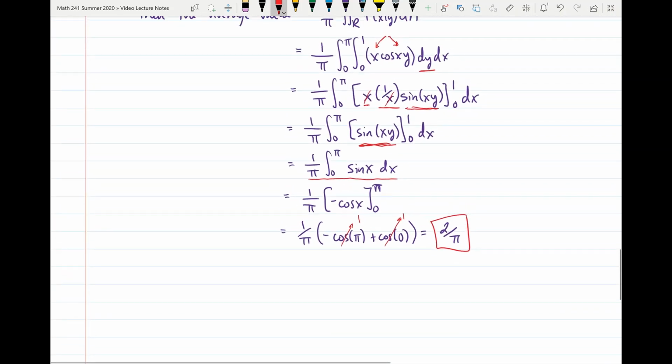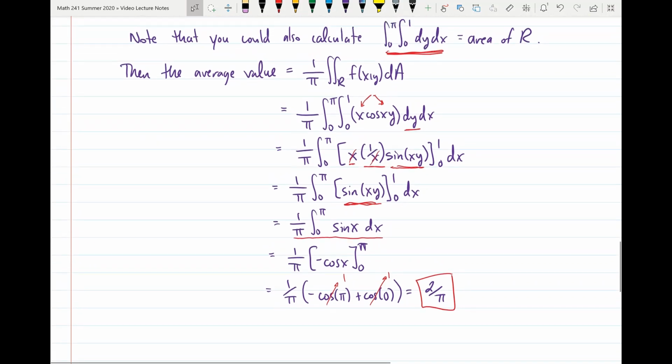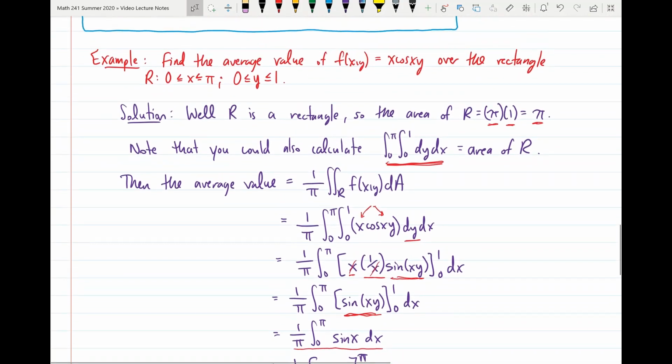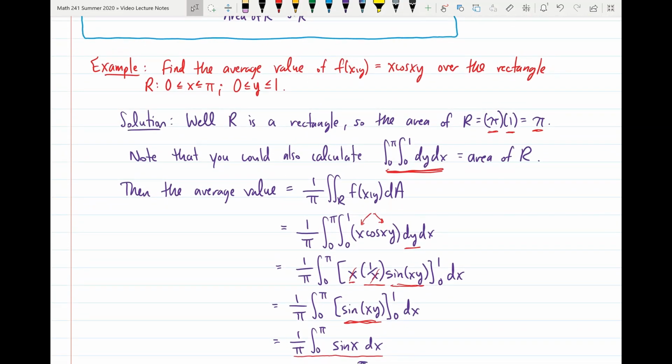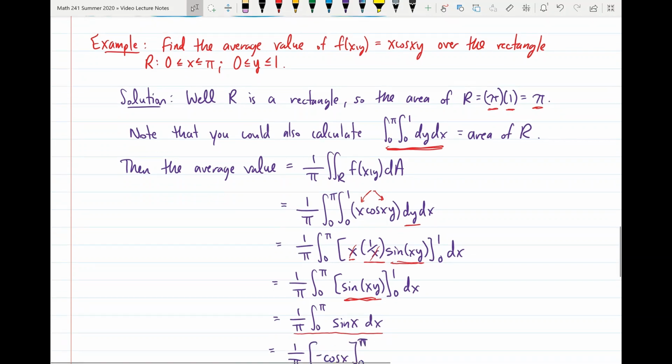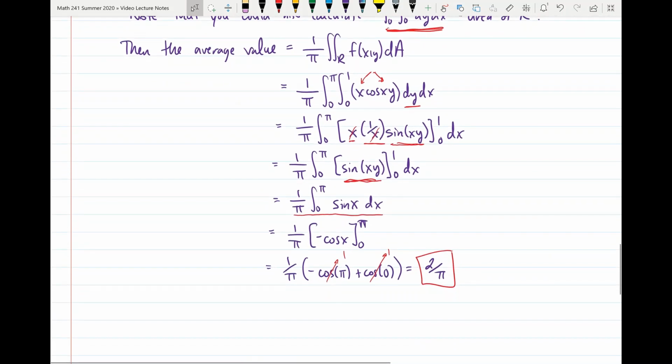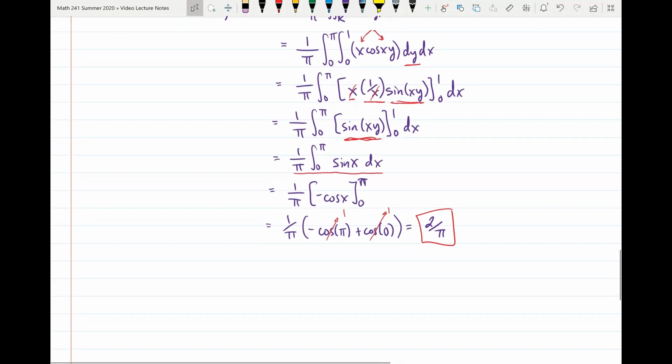So 2 divided by pi is going to be the average value of our function f of xy equals x times cosine of xy over the rectangular region R, where x is between 0 and pi and y is between 0 and 1. And there should be some examples in the homework for you to practice this kind of idea.